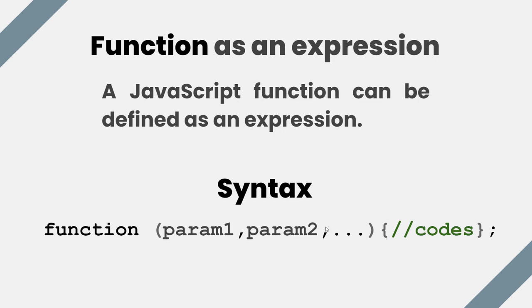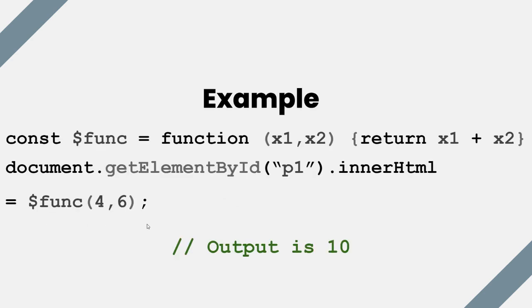We only have the function keyword, we have the parentheses which hold our parameters, and we have the curly braces which have our code. The function name is not present here, and I will explain why in the next slide.